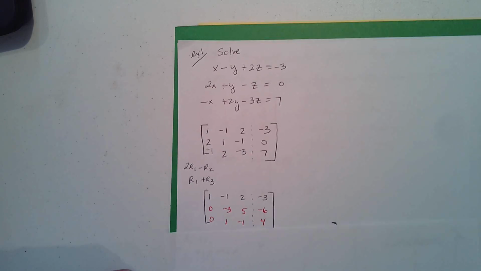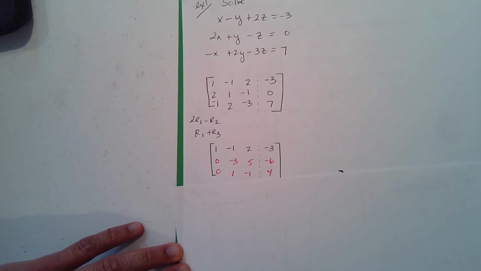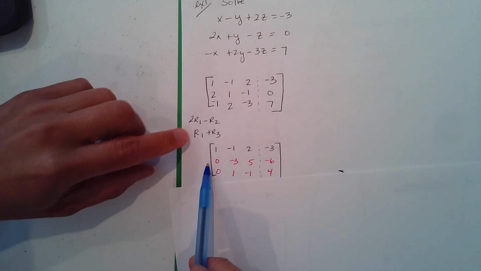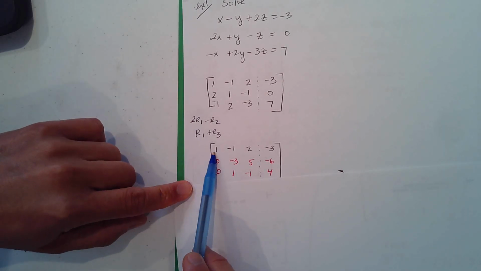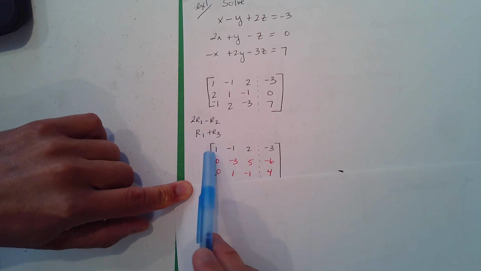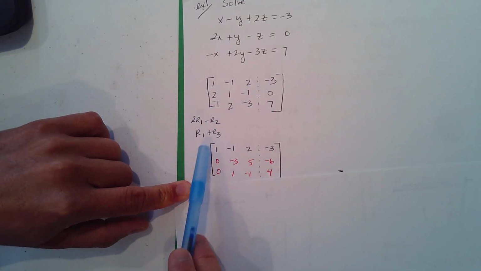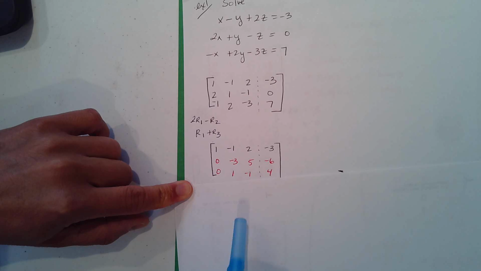So this is what we have. We are not going to change row 1, so write down row 1 immediately. We are not changing it. In red, that's what we've changed.